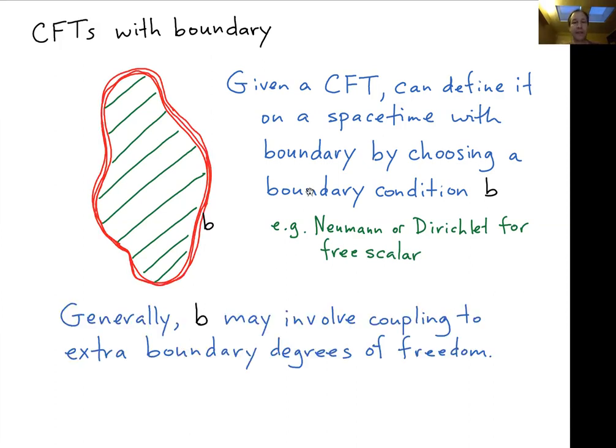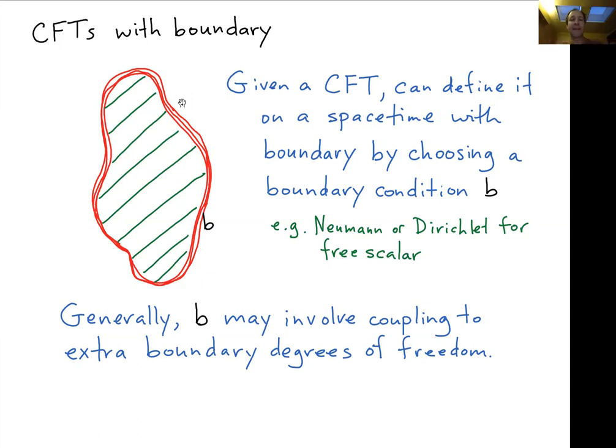Another thing we can have, sometimes it's possible to think of not just defining some boundary conditions for the degrees of freedom that you already have, but actually there being extra degrees of freedom on the boundary. Sometimes a lot of extra degrees of freedom. In string theory, for example, you can have situations where you have D3 branes ending on some D5 branes or NS5 branes.